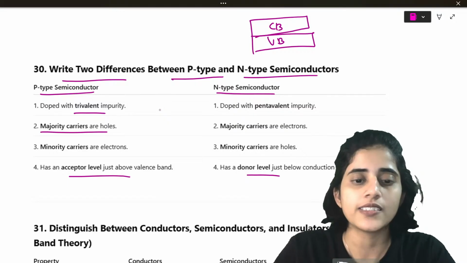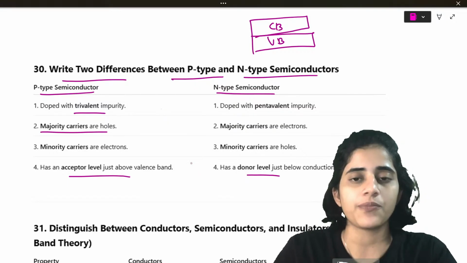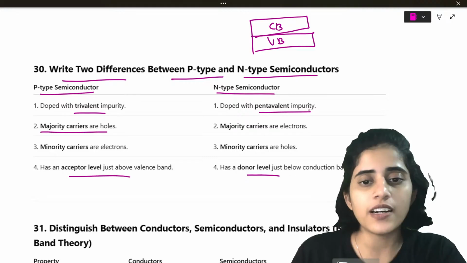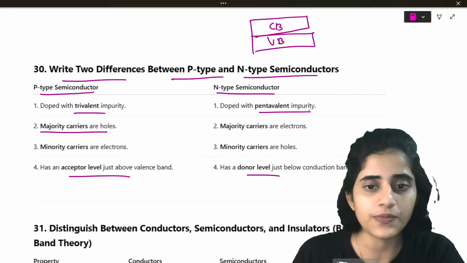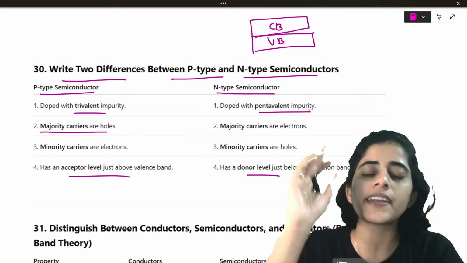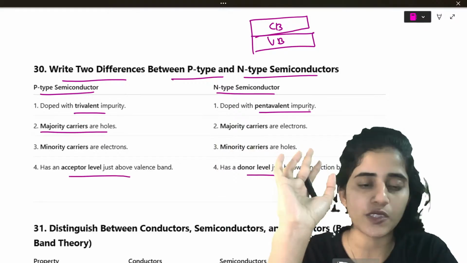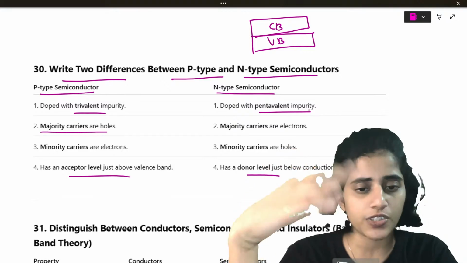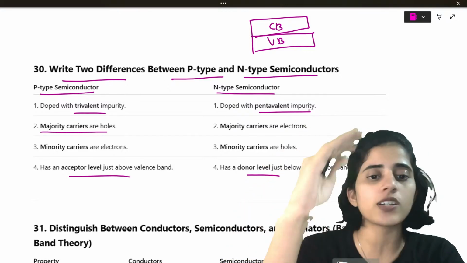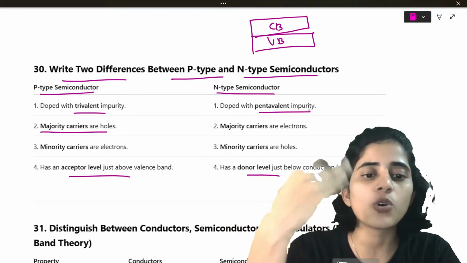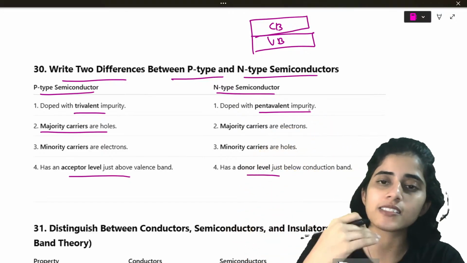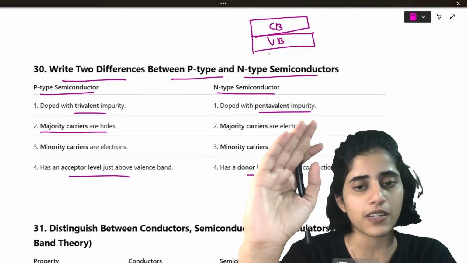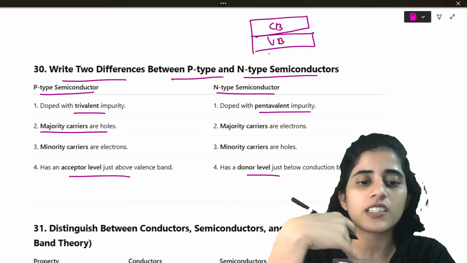See, when you talk about donor levels, as I said, this is a pentavalent impurity, so it has 5 electrons. The 5th electron can easily be removed and easily go to the conduction band. It is called the donor level because it is an extra, free electron.